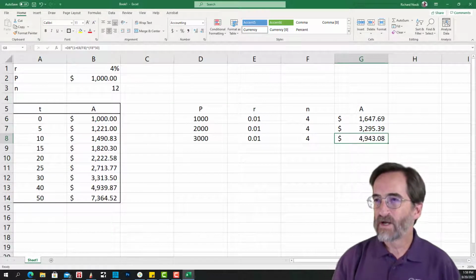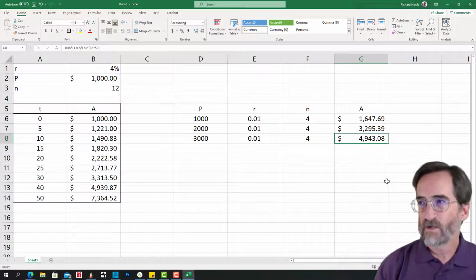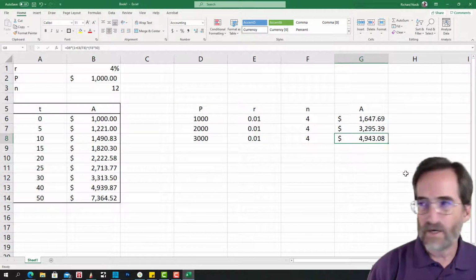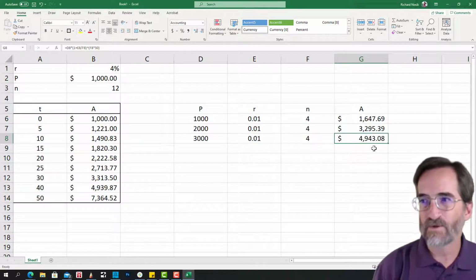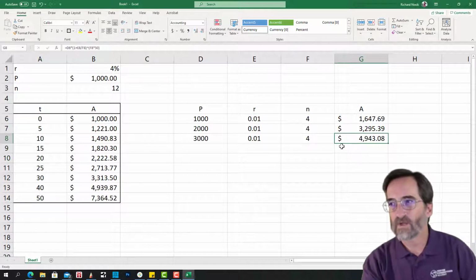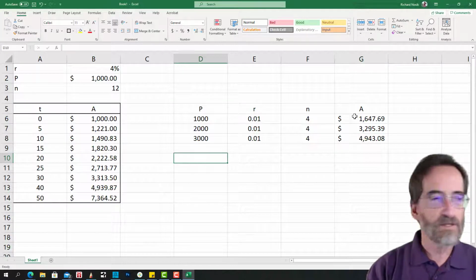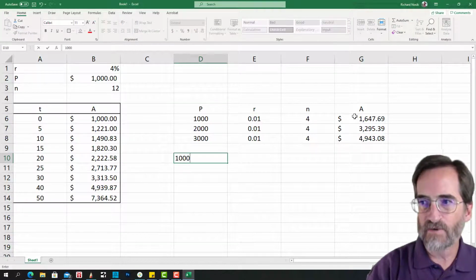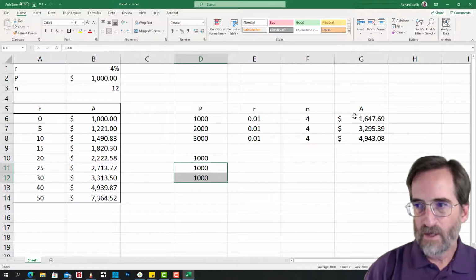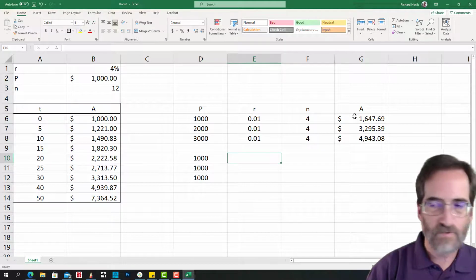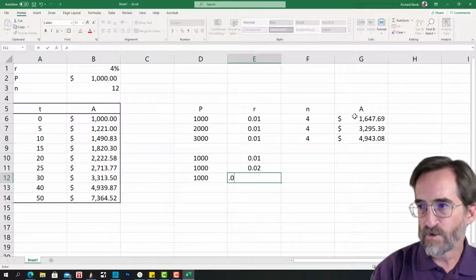So you notice by tripling the starting amount, we about a little more than doubled the amount of money we earned. So that has some impact. Now let's say the principal is $1,000, and we're going to let the interest rate vary: 0.01, 0.02, 0.03.